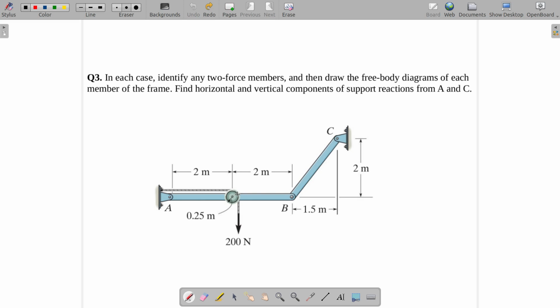Because of this force by the rope on the pulley, there is going to be an external force on AB. If you are considering AB alone, there will be an external force on it by the pulley, which is not a force on the joint. So that makes this a frame and not a truss.